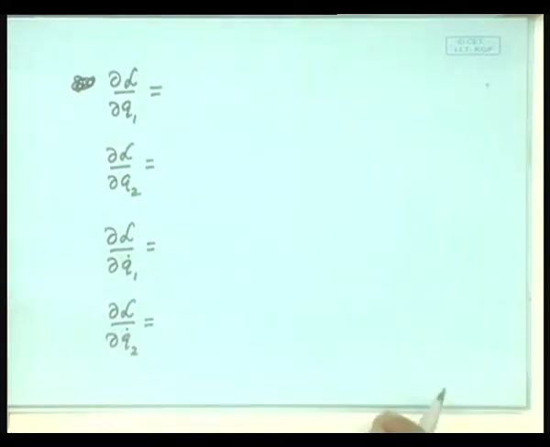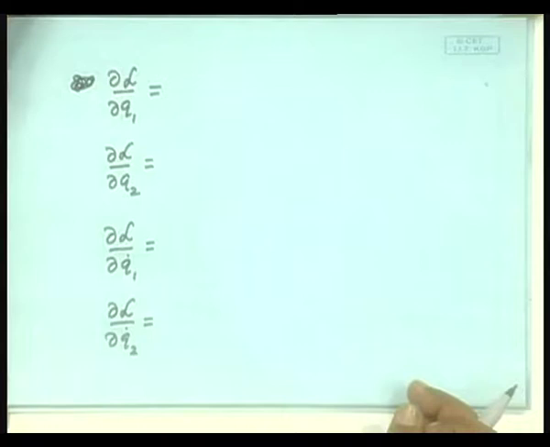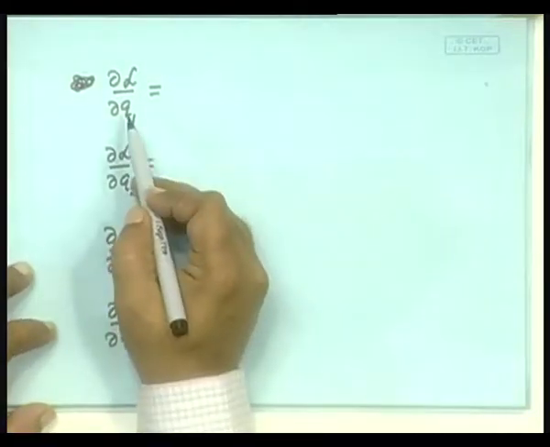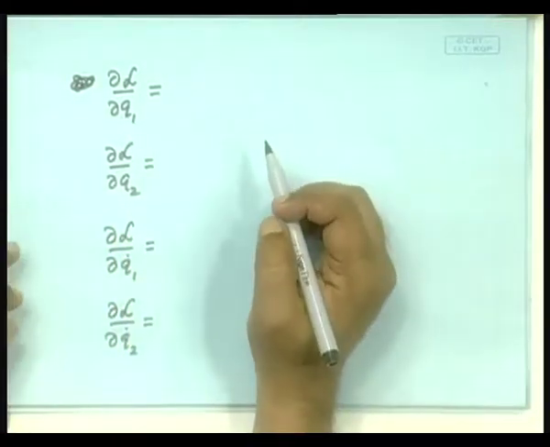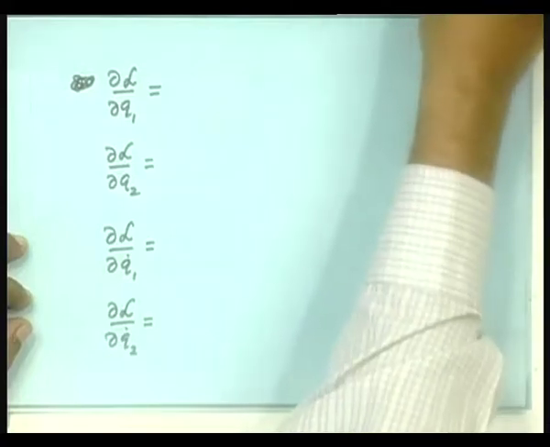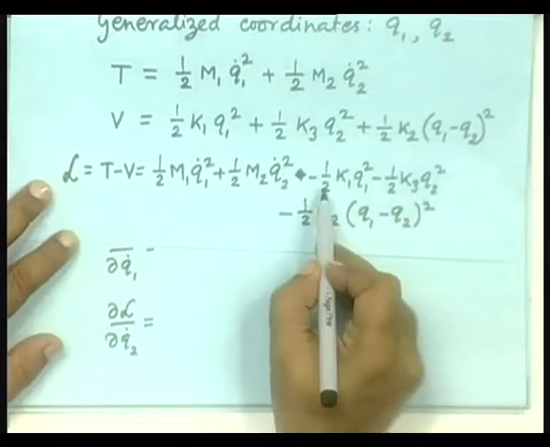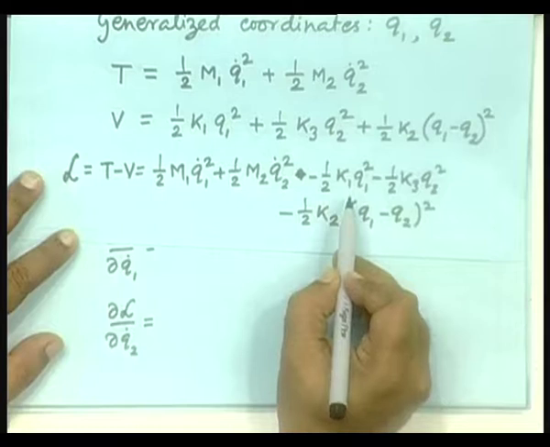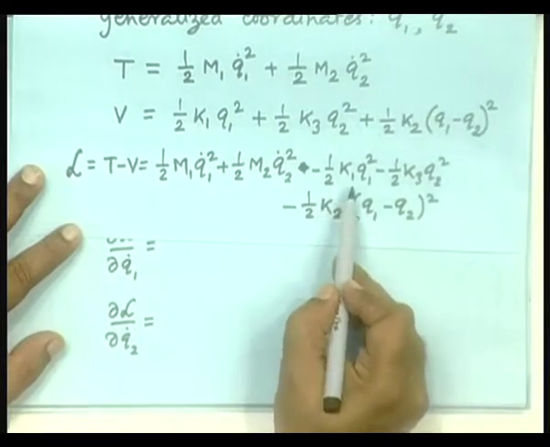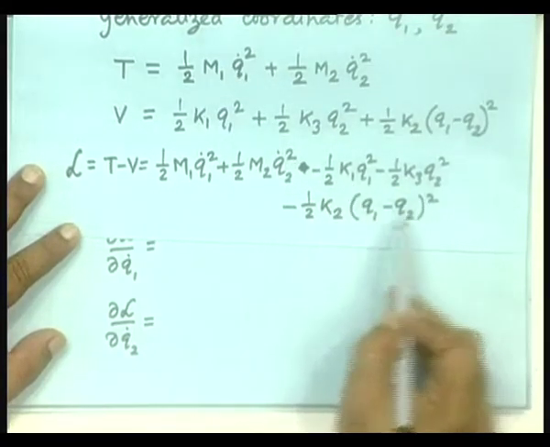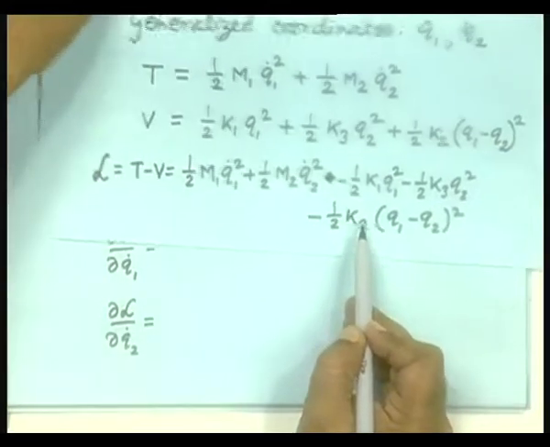From here it is a pretty simple affair. You can see that the first one would be minus k1 q1 minus k2 q1 minus q2.